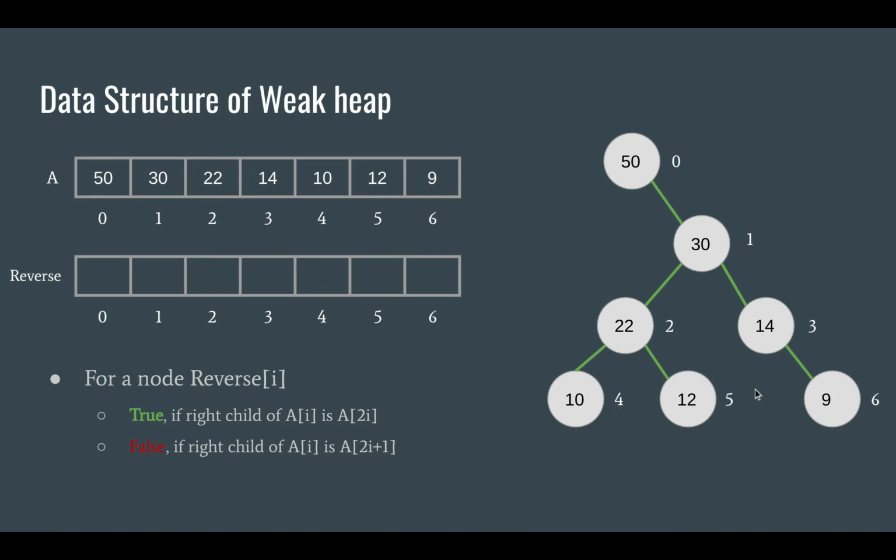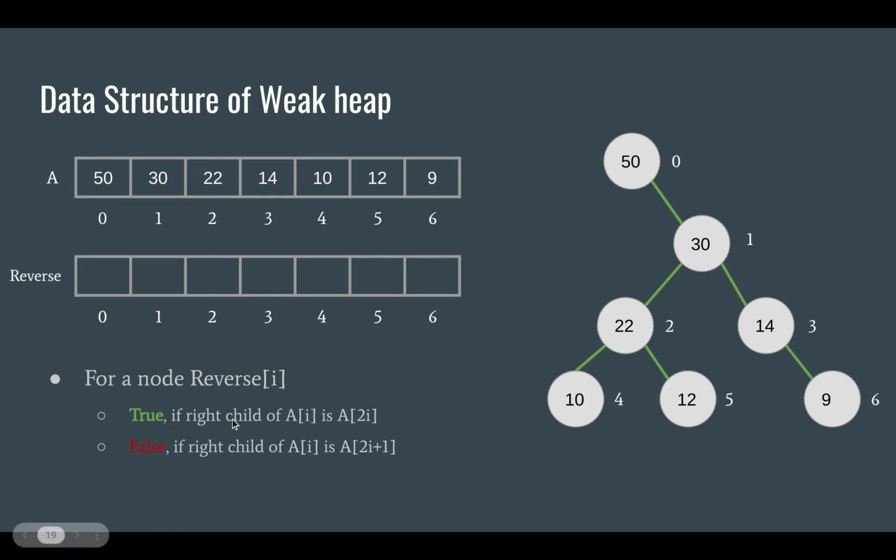And for the node which has the index of 3, it has only one child, and this child is at the sixth index. So it follows the first rule.